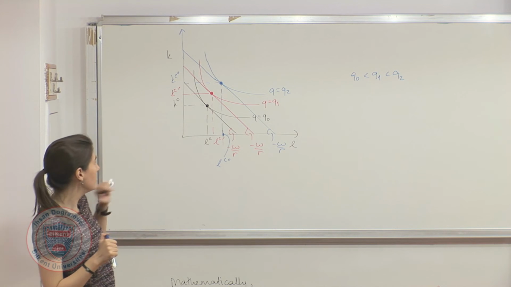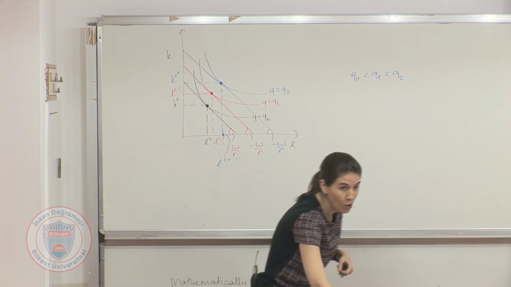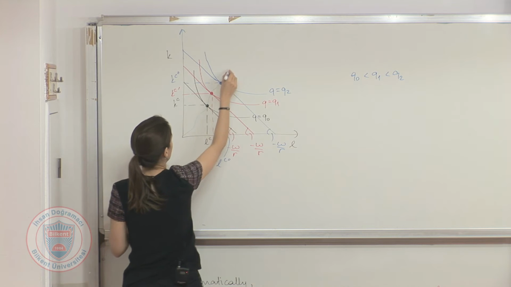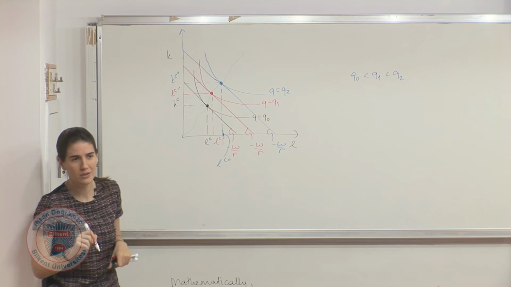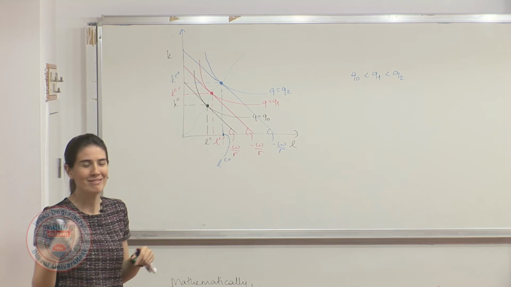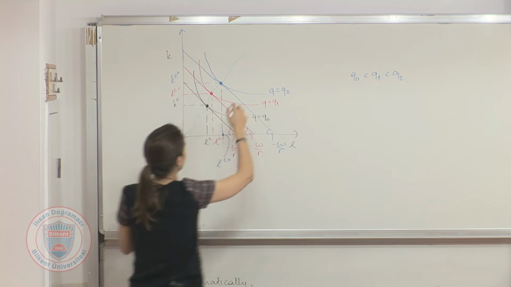Now, if I connect all these optimal points here, this is called, guess what? It's literally the expansion path.